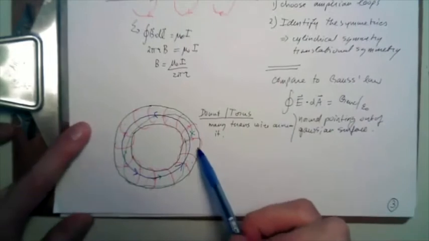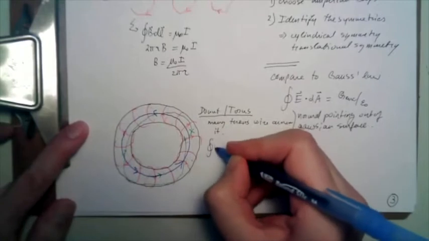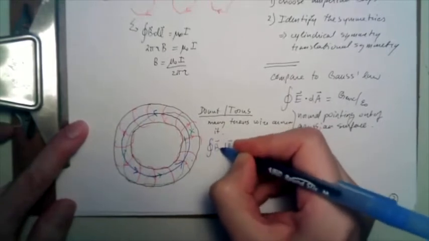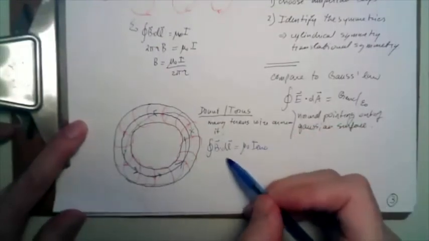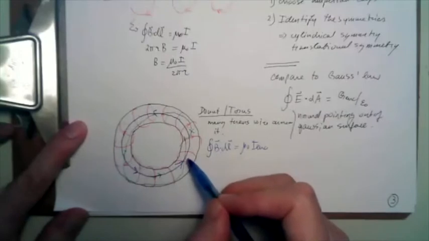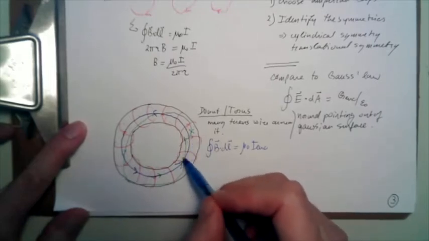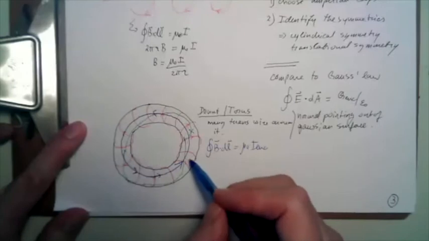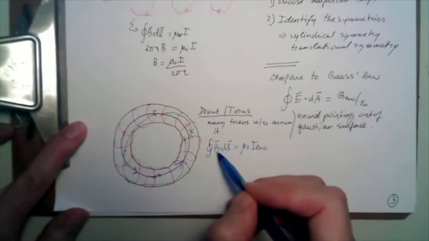Okay, so we have the integral of B dot dl is mu naught I enclosed. In this case, if this Amperian loop is evaluated on a blue path, which means it's somewhere inside the donut, the meat of the donut, if you want to call it that, then this will evaluate to something that is not zero.